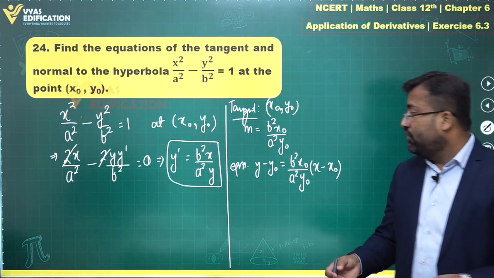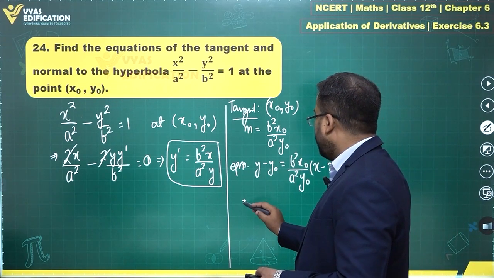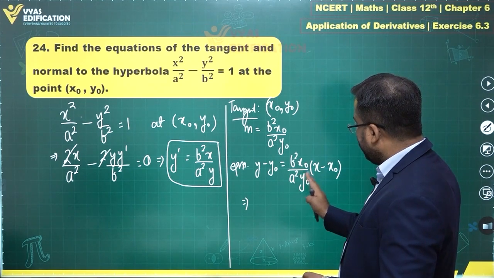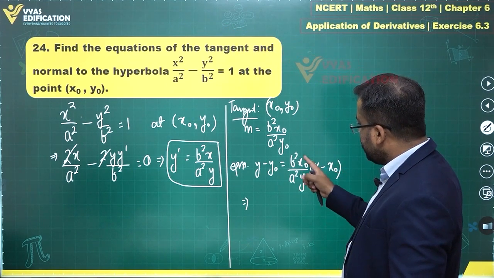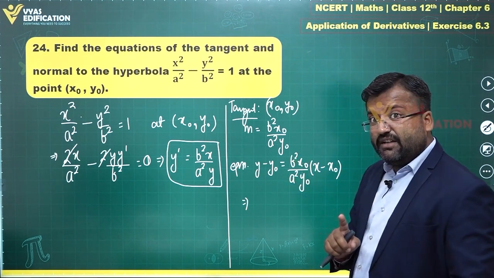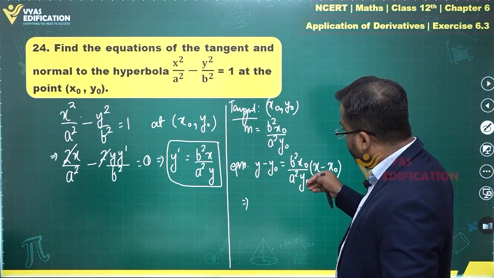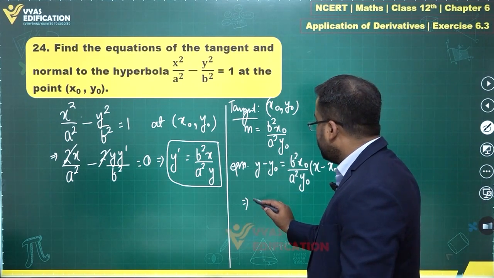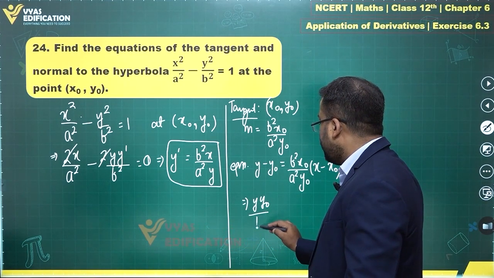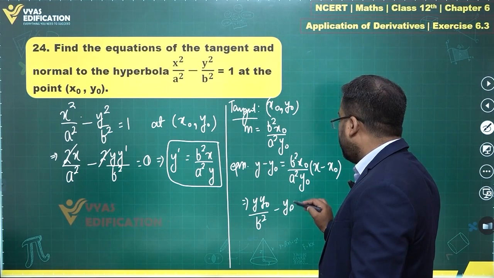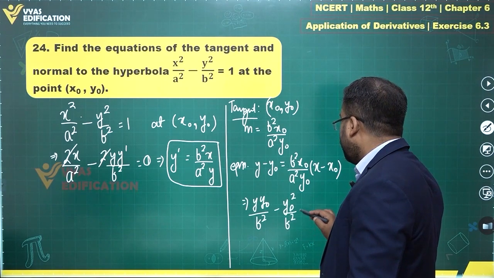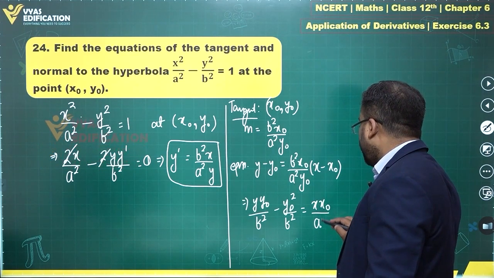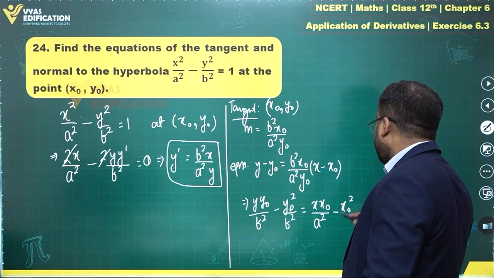Let's rearrange this whole thing somehow. What I'll do is let x0 by a square remain over here, and I'll multiply throughout with y0 upon b square. So this becomes y y0 over b square minus y0 square over b square is equal to x x0 over a square minus x0 square over a square.